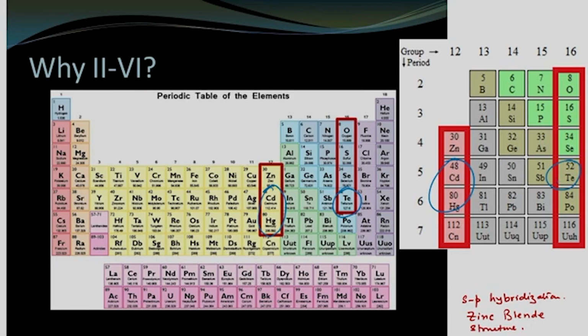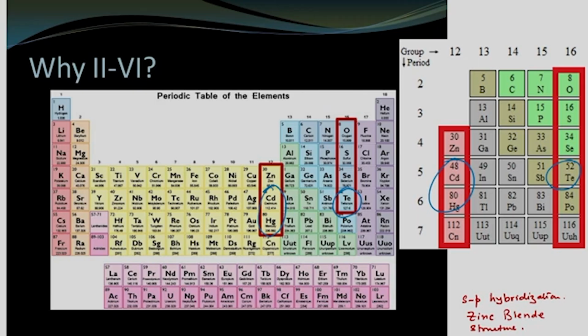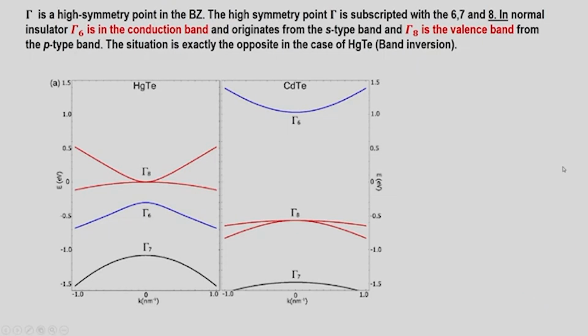So, as opposed to the other materials, the transition metal dichalcogenides, Bi2Se3, etc., where only one orbital is near the Fermi level, there are two orbitals involved in making up the energy levels close to the Fermi level. And even though this has been discussed, this gamma is actually the high symmetry point in the Brillouin zone, and this gamma is subscripted with these 6, 7 and 8.